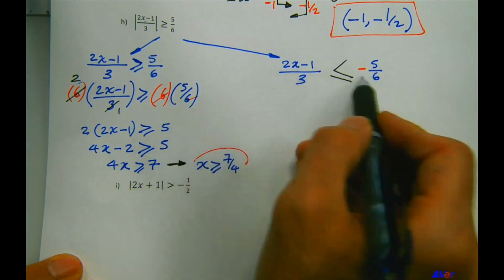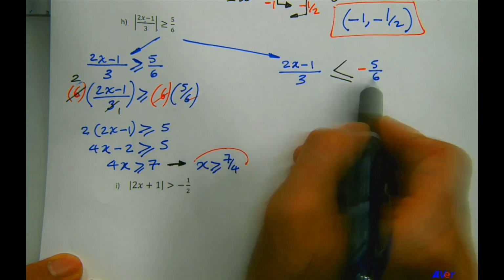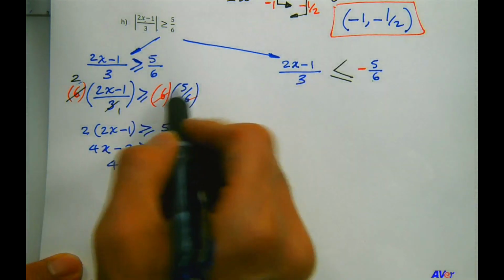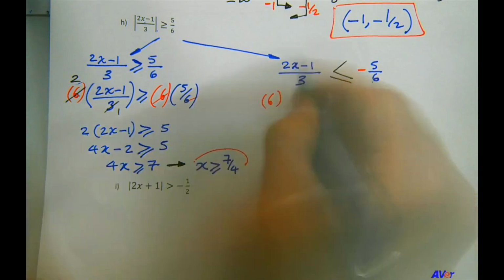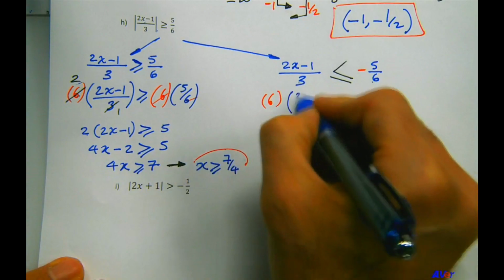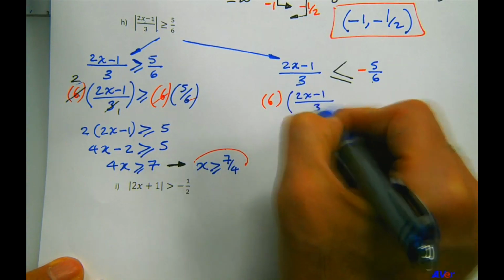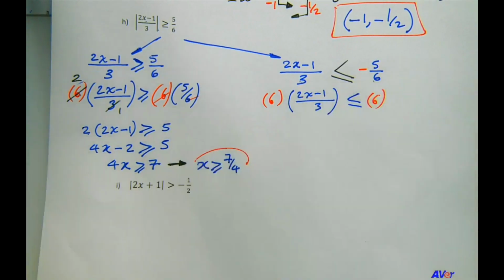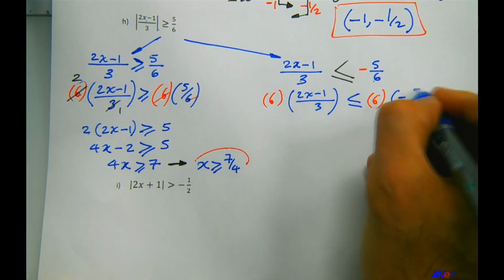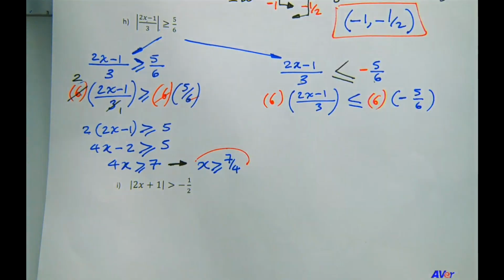So once again, the LCD for both sides is 6, right? Just like what we did on this side. Multiply both sides by 6. Okay.